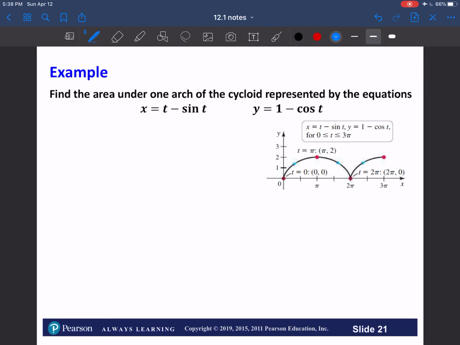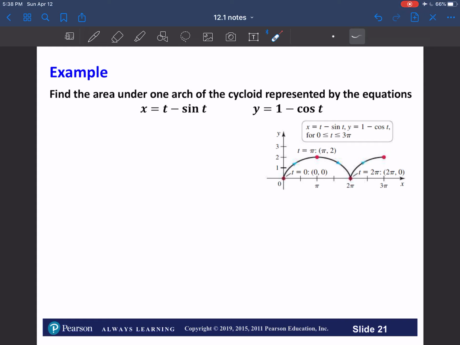Anyway, we just need to calculate the area under one arch of the cycloid. So the important thing to discover here is what the bounds for t need to be. Clearly, we can see that the arch of the cycloid starts whenever y is equal to 0. So the question we should ask ourselves is, when is this function equal to 0? That will tell us the start and the end for our cycloid.